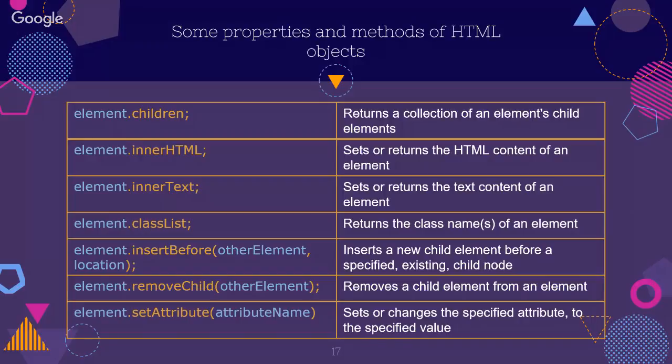So the important thing to remember here is that we're referencing a variable by the name of elements. This variable holds all the properties and methods listed here and the ones we saw on the previous slide. We're not referencing the document variable here because we're not trying to access the DOM.